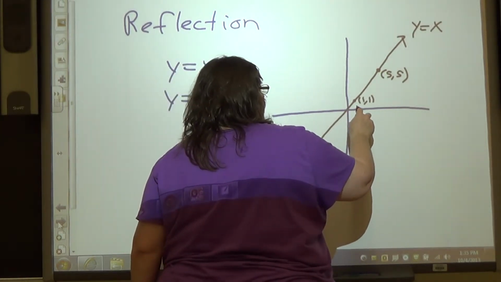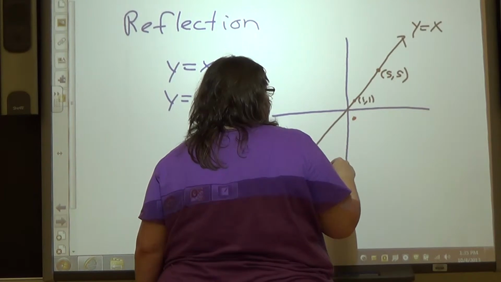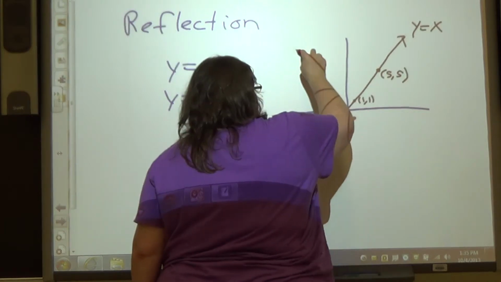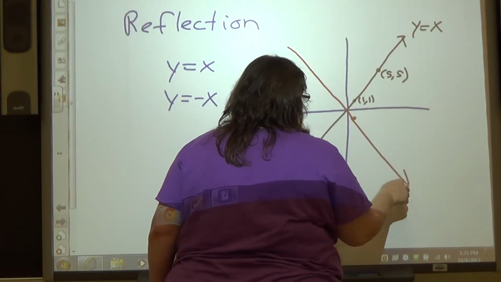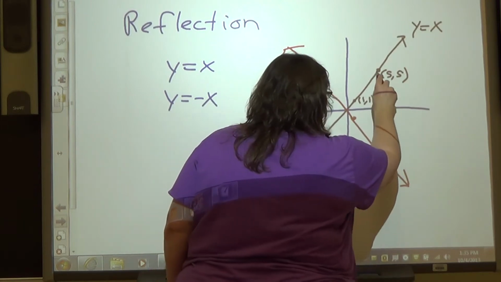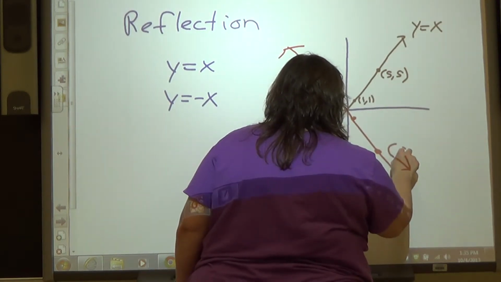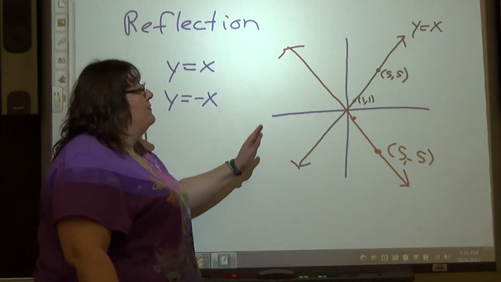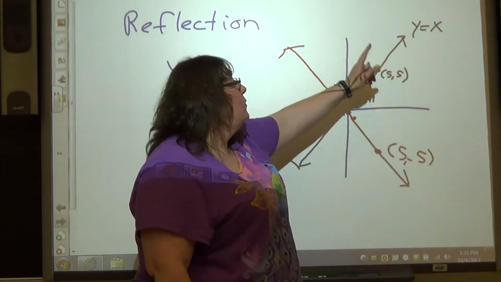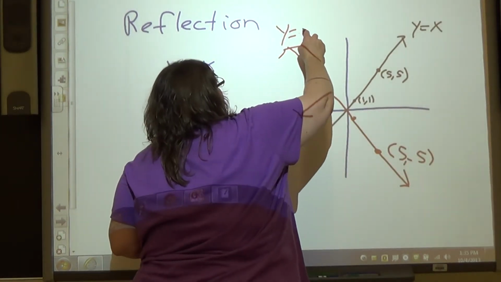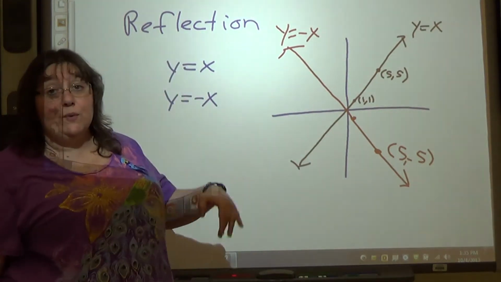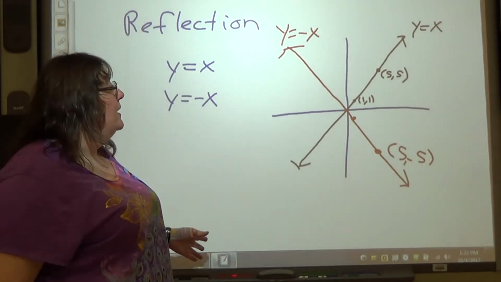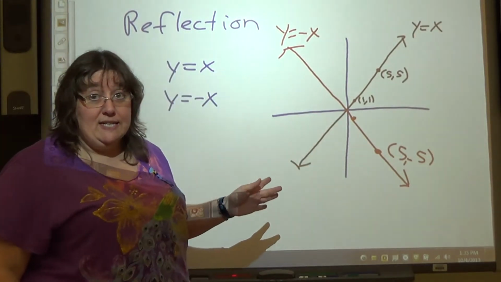So if I have 1, I'm going to have negative 1. Okay? If I have 5, I'm going to have negative 5. All right? So looking at this, I know I'm not perfect on making the graphs, but this would be your type of reflection. 5, negative 5. Okay? So that's the reflection between y equals x and y equals negative x, which is through the y-axis. Okay? So it's the same thing, just kind of a mirror image type thing. So you're going to have reflections in here today as well.